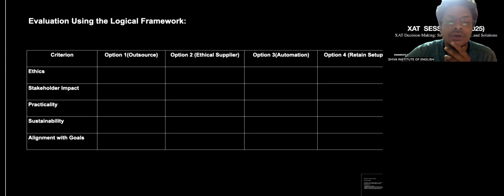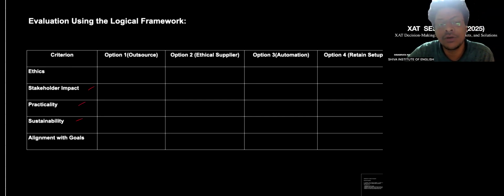The first one is called ethics. The second one, stakeholder impact, and the third one is called practicality, sustainability, and alignment with goals.